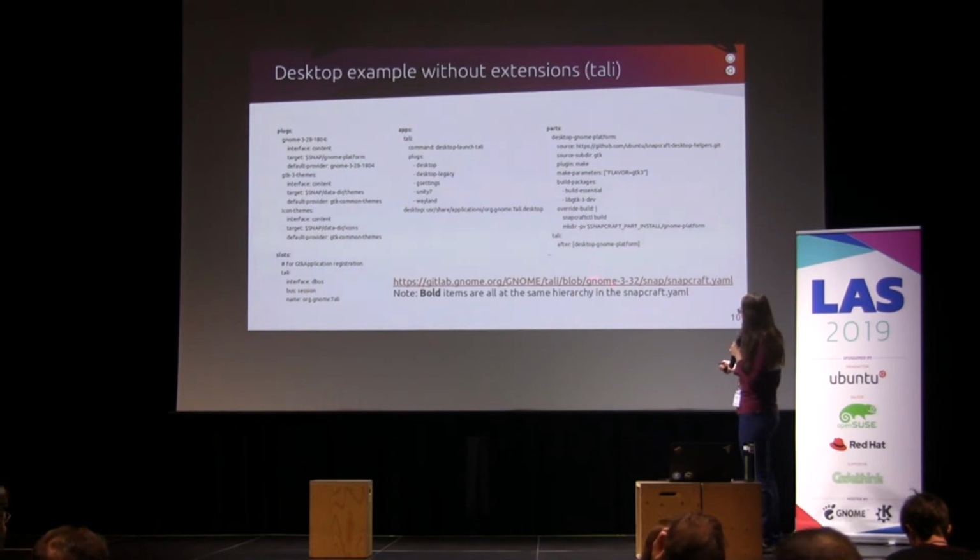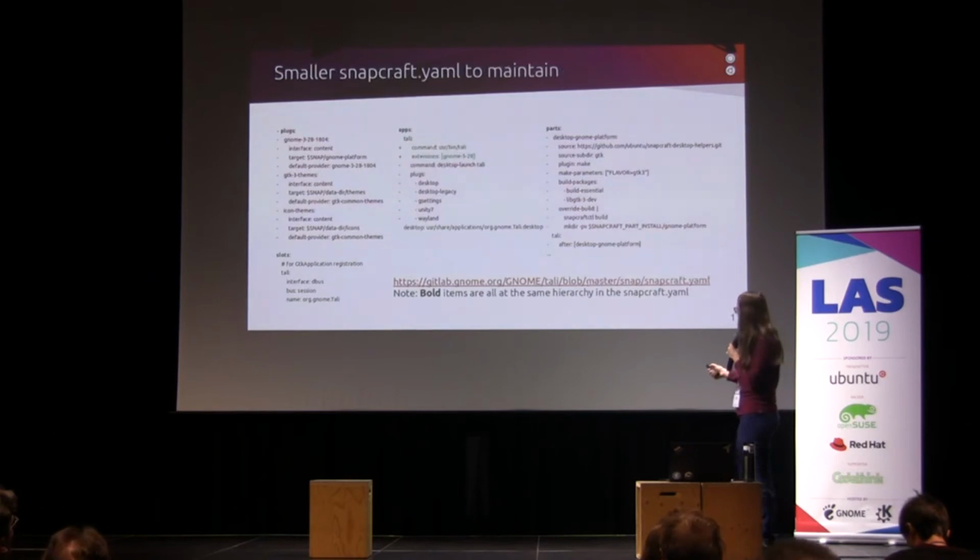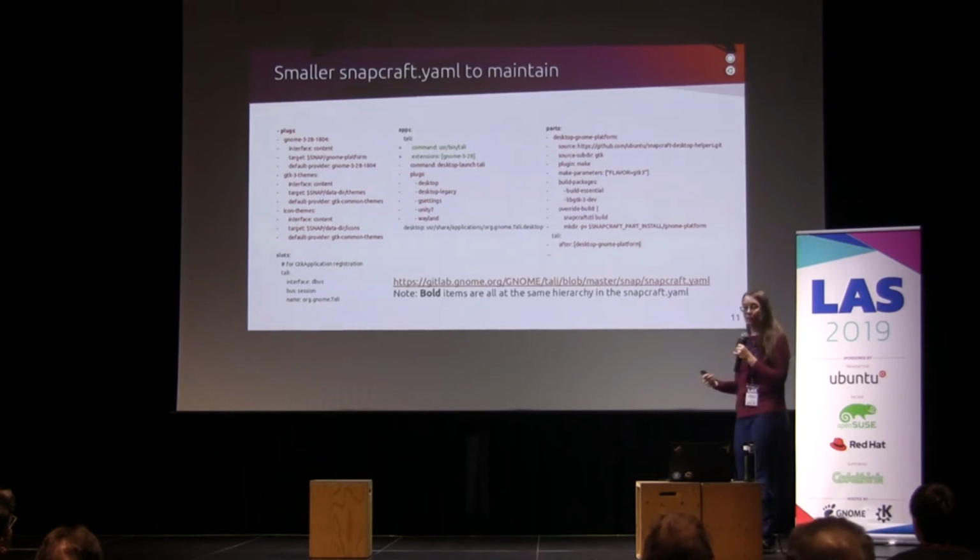So in the 3.32 branch, this is what the SnapCraft YAML is. And then if we apply the extension, we can get rid of all of this. We can remove, in this case, all of the app-specific plugs. We can remove this entire part, and then Tally no longer needs to build after that part is built. And all we do is add the extension and change the command. So you're removing 30 lines of code, and you're making it more intuitive.